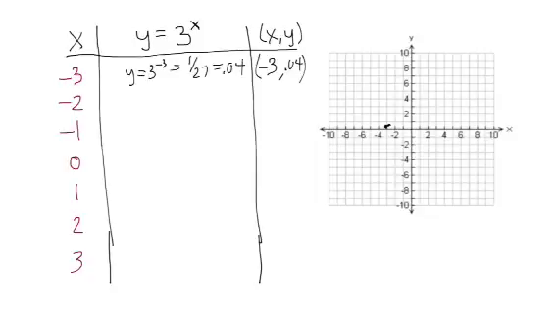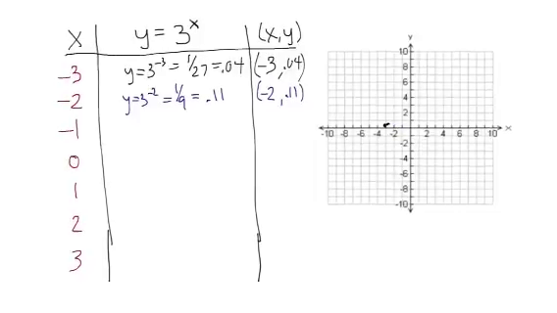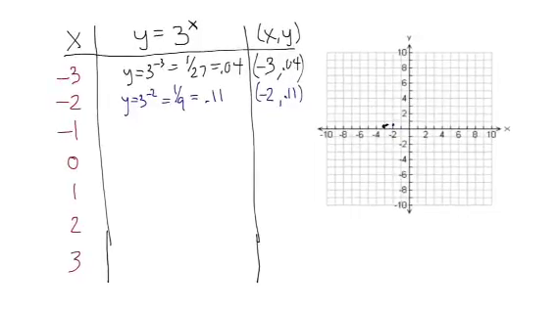All right, now we're going to try it again. We've got the x-coordinate, negative 2. We want to find the y-coordinate, so we're going to plug it in. So this time we do 3 to the negative 2 power, which makes 1 over 9. And 1 over 9 as a decimal is 0.11. Still extremely close to 0, but a tiny bit higher than that last one.